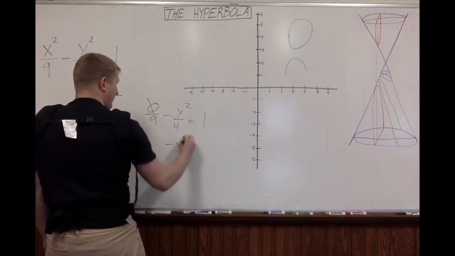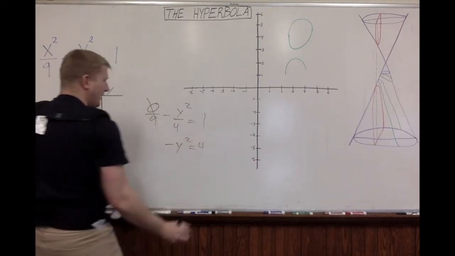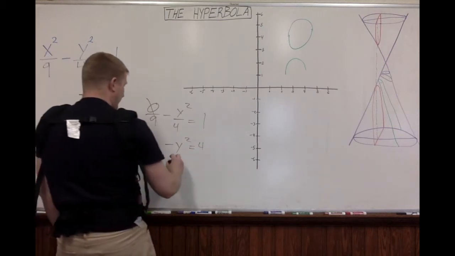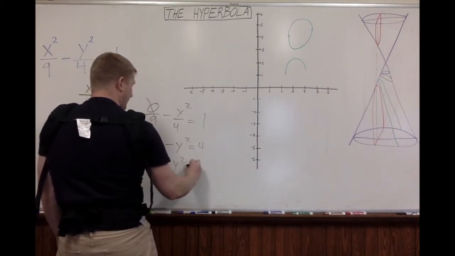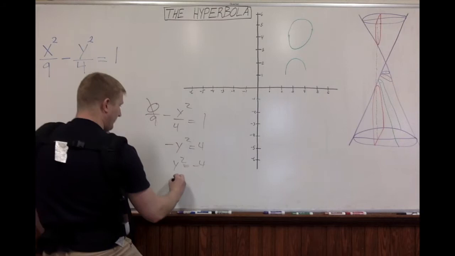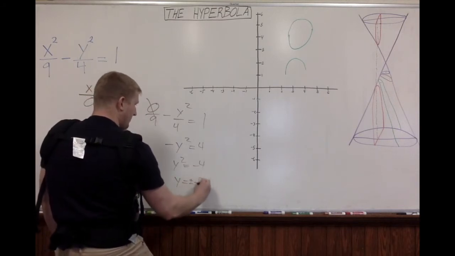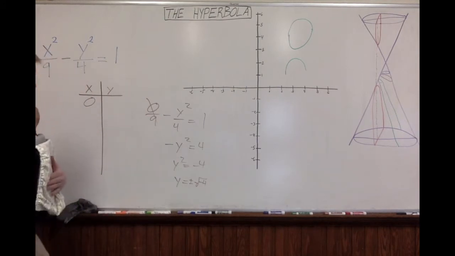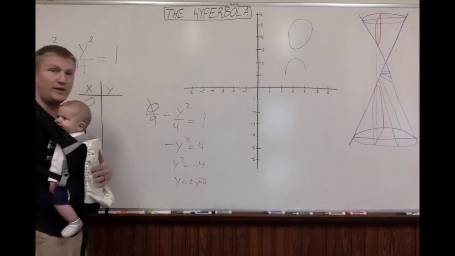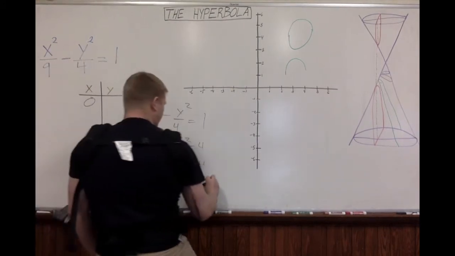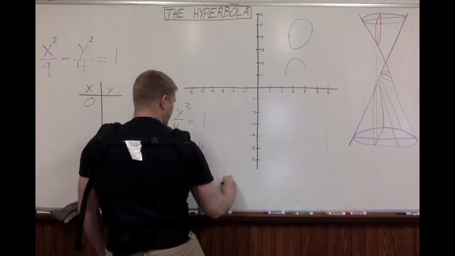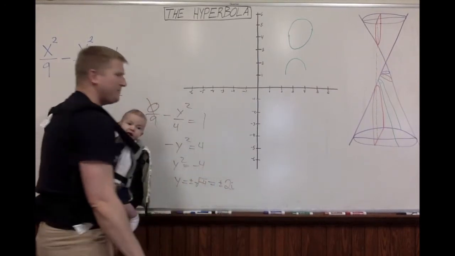We get negative y squared is equal to 4. Multiply both sides by negative 1. We get y squared is equal to negative 4. Square root both sides to get y is equal to plus or minus the square root of negative 4. So this will get us plus or minus 2i.